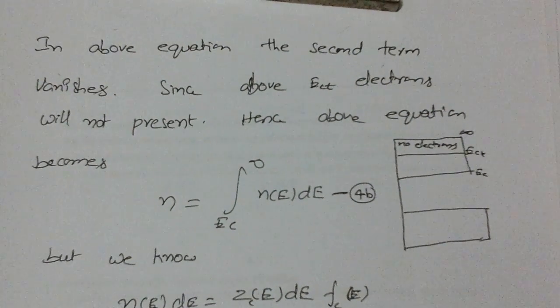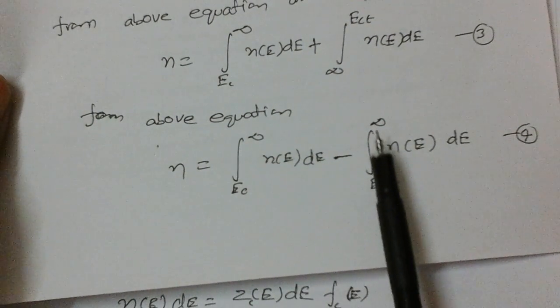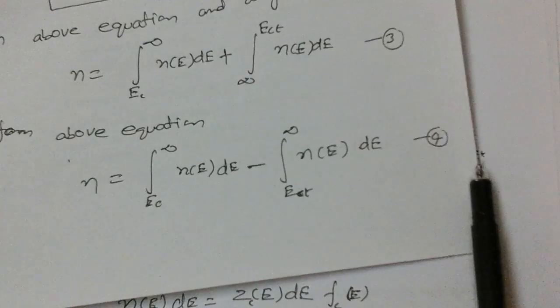So, as we have discussed here, n is equal to the integral from EC to infinity of n(E) dE, minus the integral from ECT to infinity of n(E) dE, which is the fourth equation.